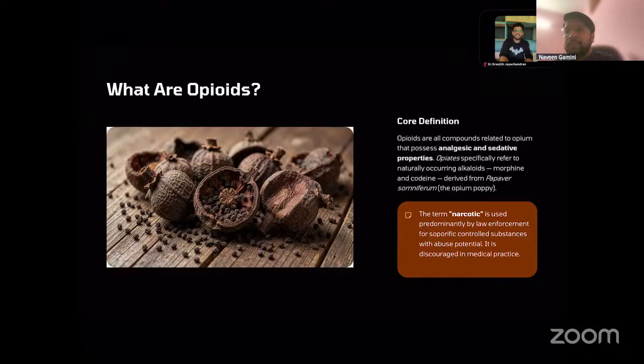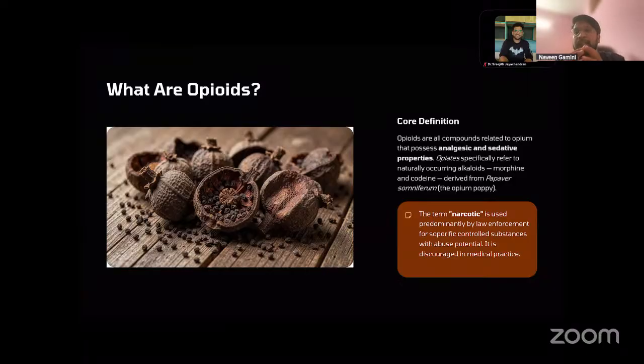Opioids specifically refer to the naturally occurring alkaloids, which is the morphine and the codeine. These are derived from the opium poppy plant, with scientific name Papaver somniferum. So you need to understand the opioids are the compounds which have both analgesia and sedative properties.